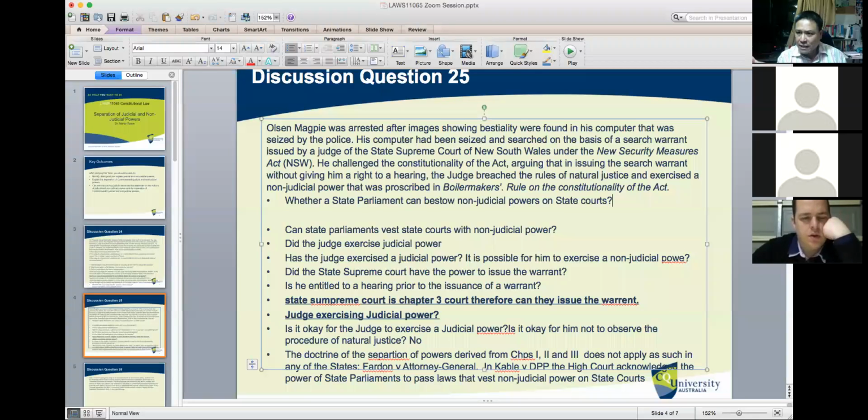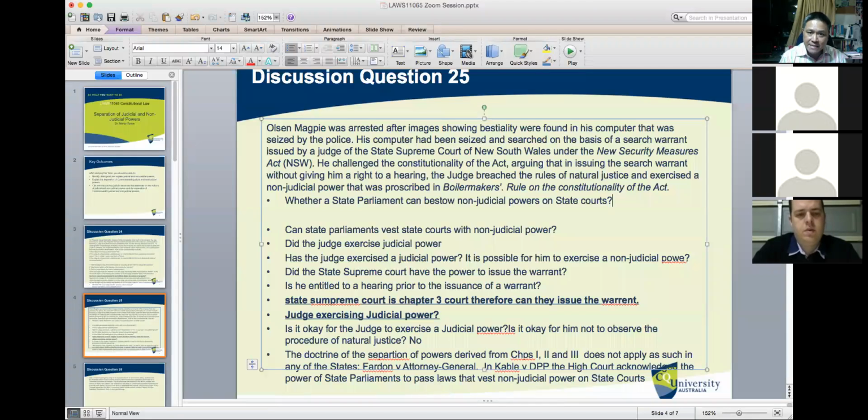Now, more importantly, as pointed out by others here, states have plenary power. Or in other words, there is a supremacy of state parliaments, so that state courts do not have a power to declare as unconstitutional a state legislation.